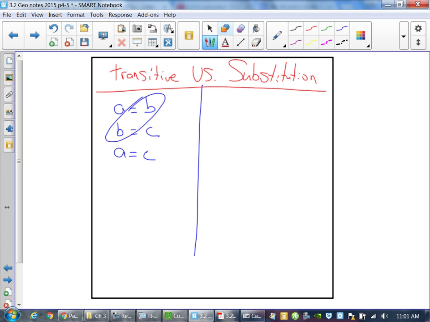When I do substitution, X equals Y, Z equals Y, X equals Z. Notice how the Y's are above one another. That's what substitution looks like.